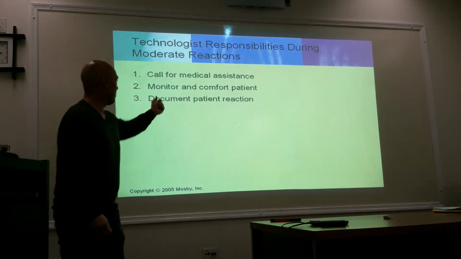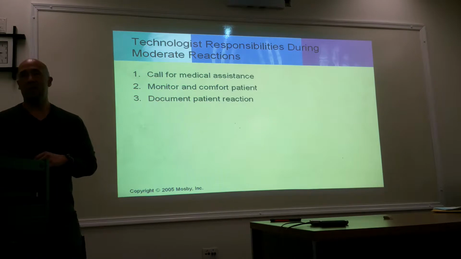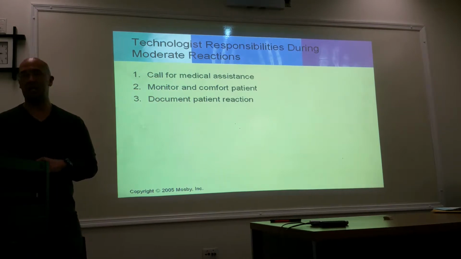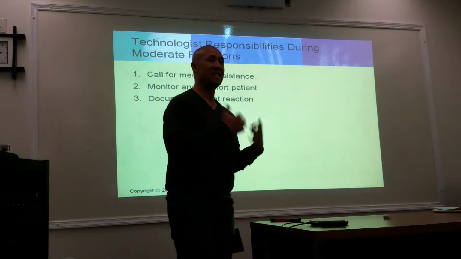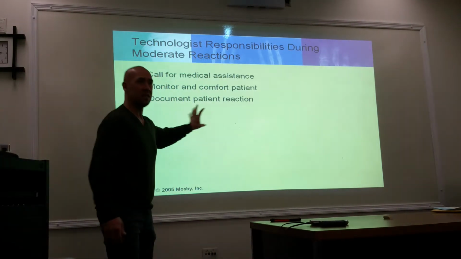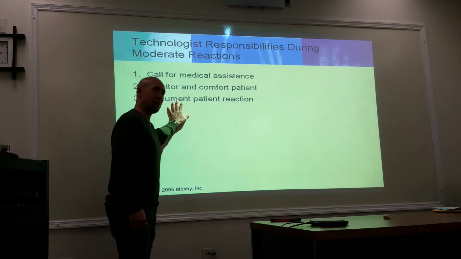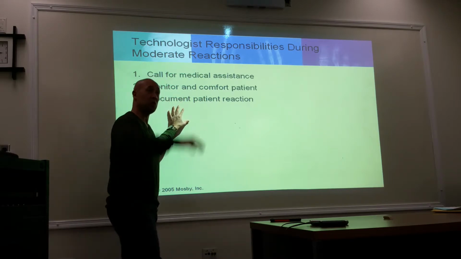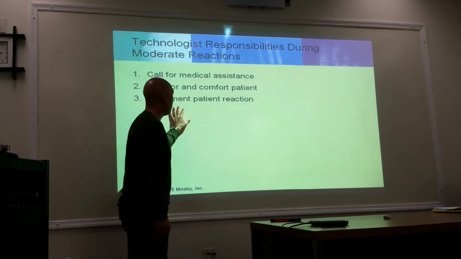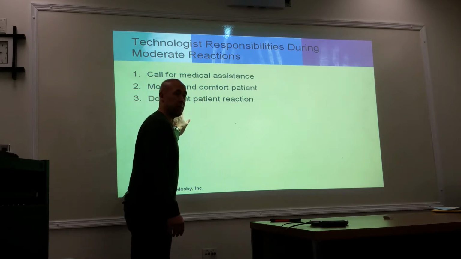You need to document this, okay. So document any type of reactions, so that if the patient does come into the department again for another iodinated type of procedure, it's there. You can check to see what happened, how they responded, what was the intervention that you or the doctor did during the reaction, okay?